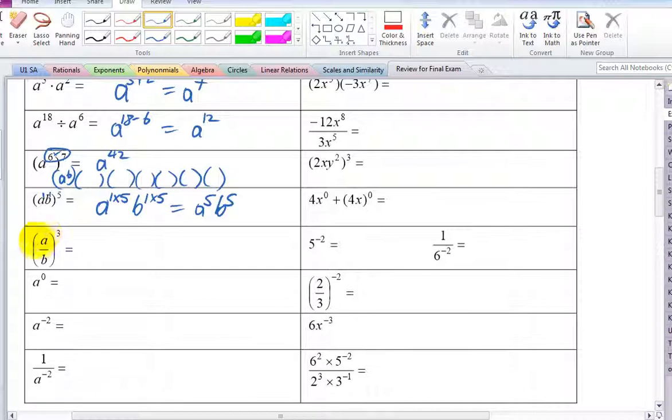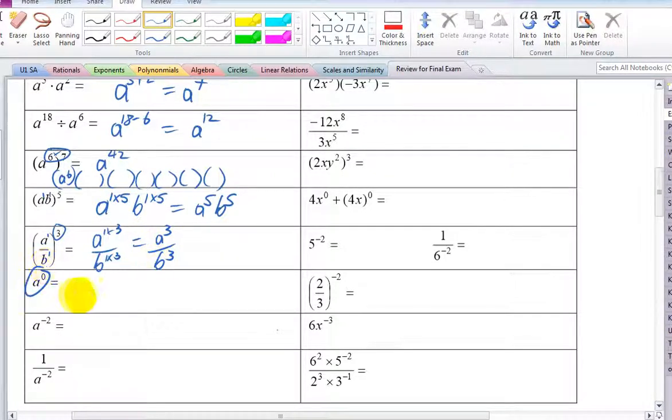What's the hidden exponent right here on the a? 1. And what about the b? 1. Now this 3 applies to both parts of the fraction, the top and the bottom. Here it's times 3, not 5. So it's a cubed over b cubed.